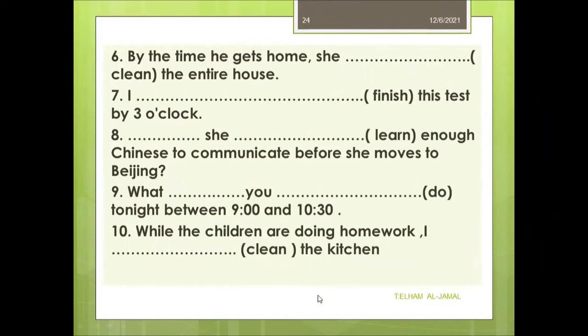Also here I use by, and by I used with the perfect: will have cleaned. Number 7, I space this test by 3 o'clock. Here we have by, so will have finished.